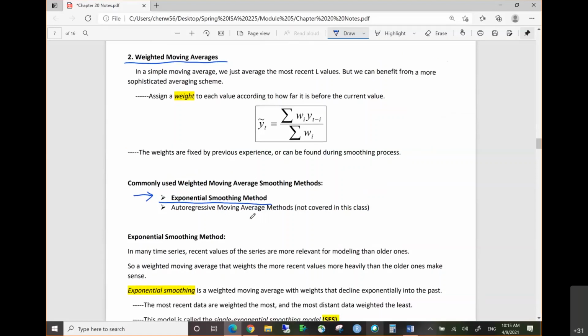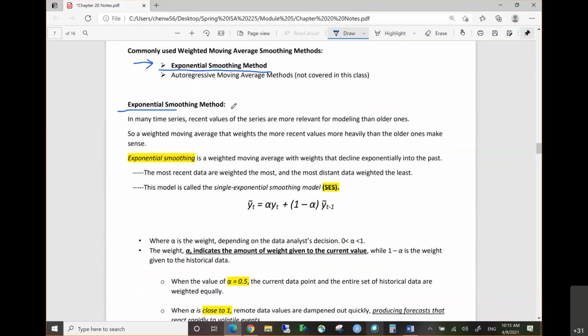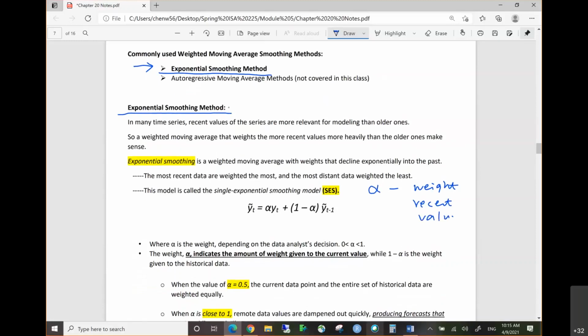Right? So for the exponential smoothing method, instead of the L, we set alpha, right? So what is alpha? We set alpha as the weight for the recent value. So what is the recent value? That would be our observed value, right?